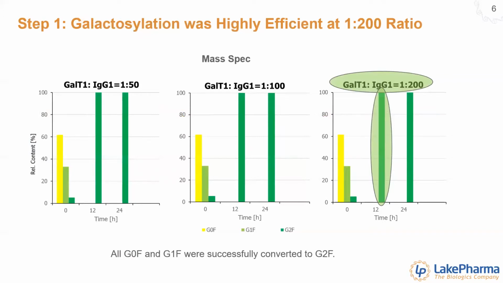At the 2 different substrate to enzyme ratios, we observe that the 1:200, which is a lower ratio of enzyme use, is as effective as the 1:100, and the 12-hour time point is really no different from the 24-hour time point. Therefore, we use the 1:200 ratio and 12 hours for future experiments.